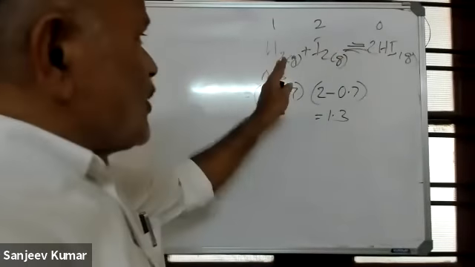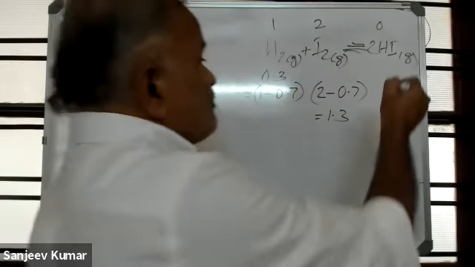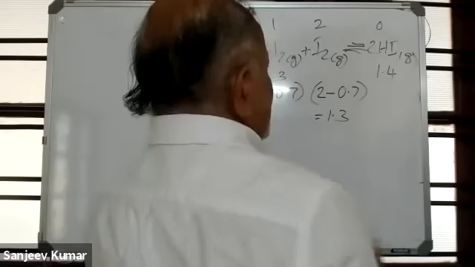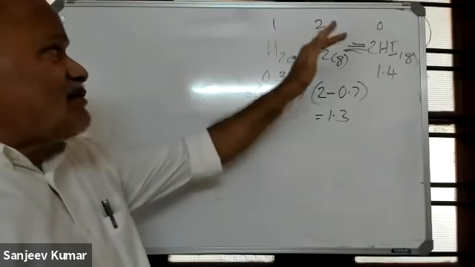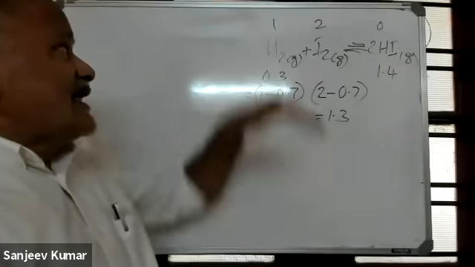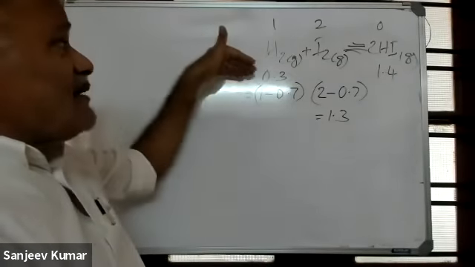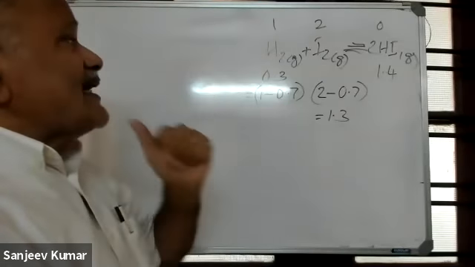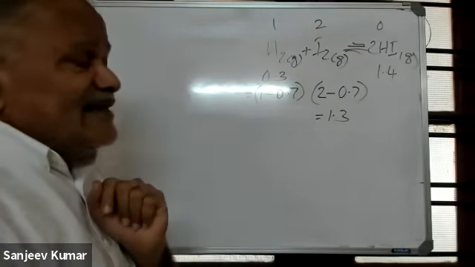When 0.7 mole of hydrogen reacts with 0.7 mole of iodine, you will get 1.4 mole of hydrogen iodide, because x mole of hydrogen will react with x mole of iodine to give 2x moles of hydrogen iodide. Here initially 1 mole of hydrogen is taken and 0.3 mole of hydrogen is remaining at equilibrium, so 0.7 mole of hydrogen has reacted.